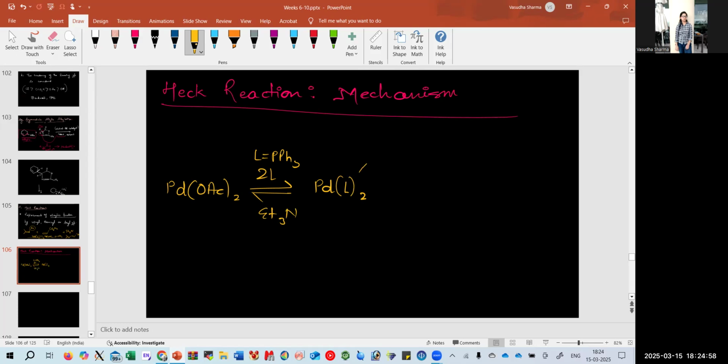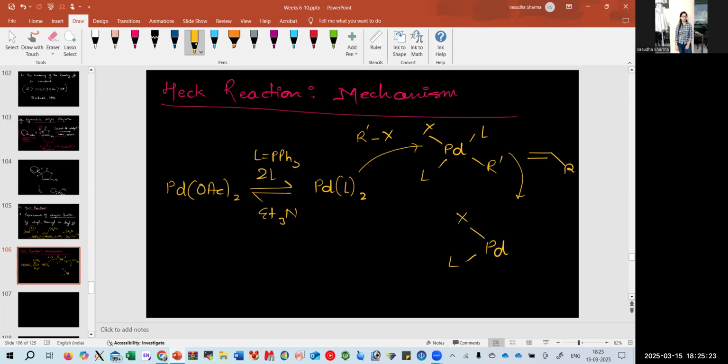Now, the first step would be introduction of your R-X, where it would form palladium L, L, X, and R dash. Now you're introducing your vinylic group. Now at this position, this R dash is going to substitute at a certain place. How would it form? It would enter from a less hindered site, which is this one. So this is your less hindered site.